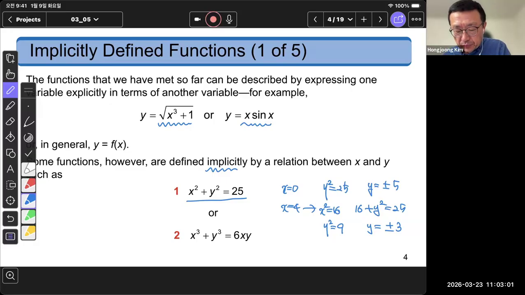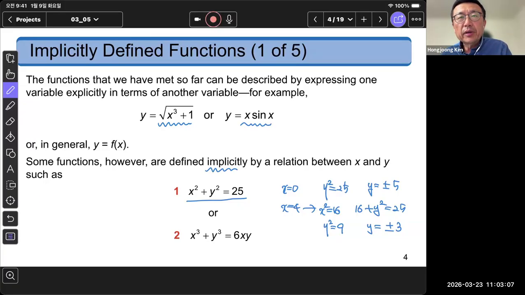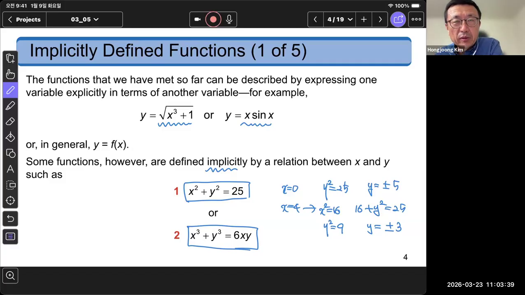Okay, so when x and y appear in one equation, as in equation number 1 or equation number 2, and the value of x affects the corresponding value of y, then we say y is an implicit function of x. Okay, so equation 1 and equation 2 define two implicit functions.